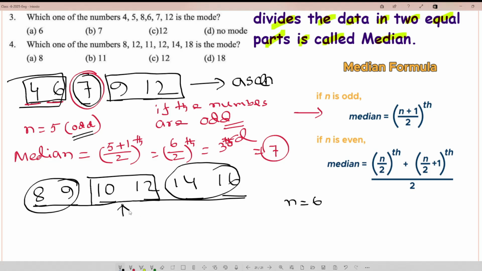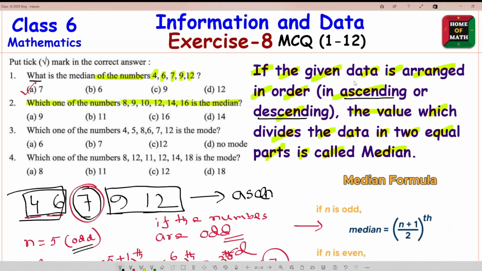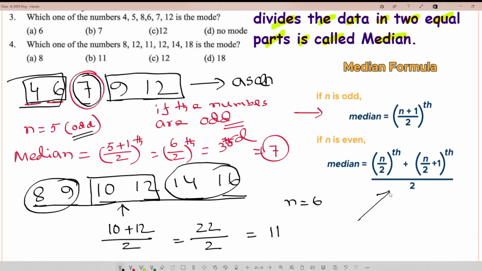So for 10 and 12, we have to find the sum and divide by 2. So 10 plus 12 is 22, divided by 2 is 11. So our answer is 11. But here there are only 6 numbers. If there are 50 numbers, then we have to follow this rule: (n by 2) term plus (n by 2 plus 1) term, divided by 2.